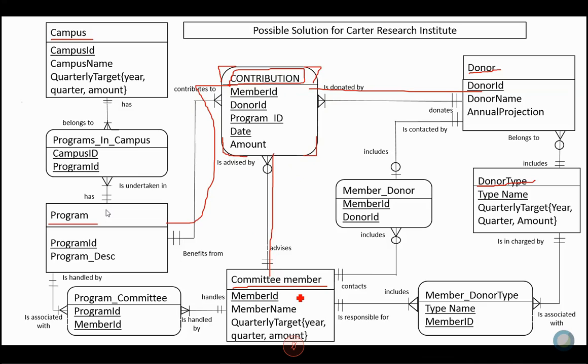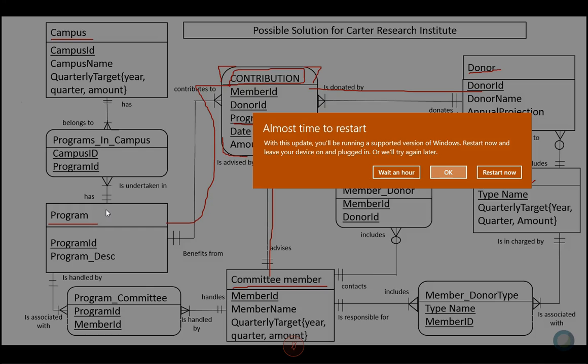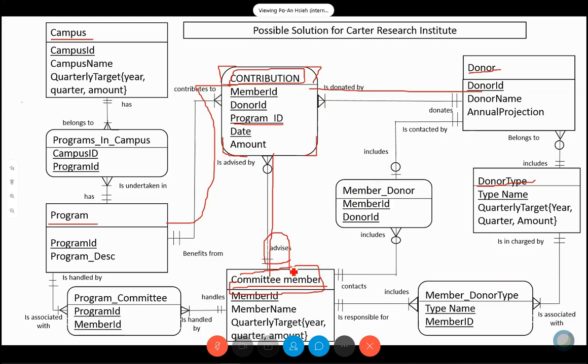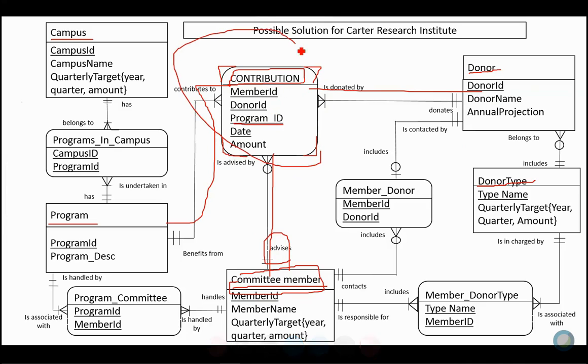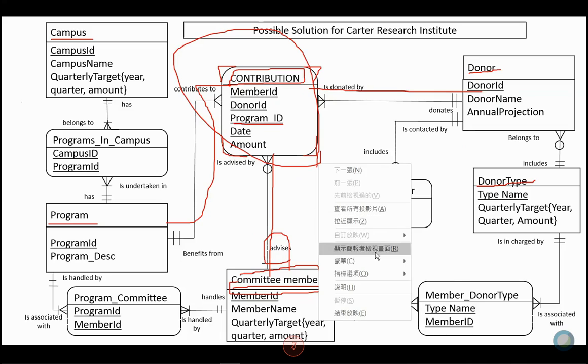So basically, whenever a donor contributes money, we need to record which program the money goes to, and what committee member advises or handles this specific contribution. So that's about this associate entity right here.